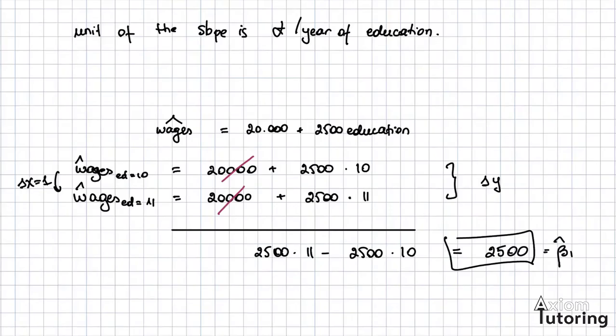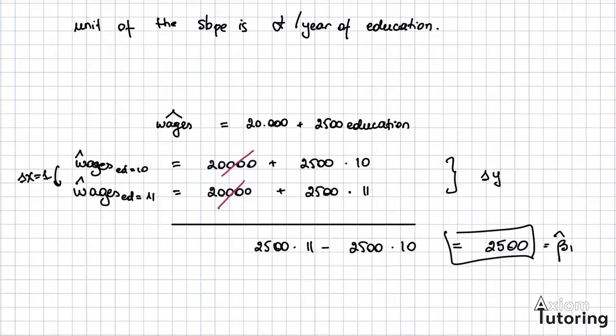It won't matter if you do this computation for 10 and 11 or for 15 to 16. What's going to change is that the 10 is now 15 and the 11 is 16. The difference is going to be 2,500 all over again.